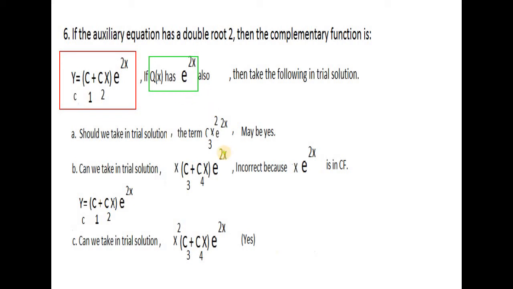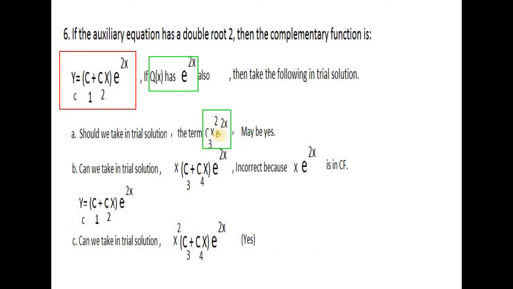Here we have c1 e power 2x, so we cannot take c1 e power 2x in our trial solution. Similarly, we cannot take c2x e power 2x in our trial solution. To make it different, we have to multiply x by another x. Thus the trial solution will be c3x square e power 2x.